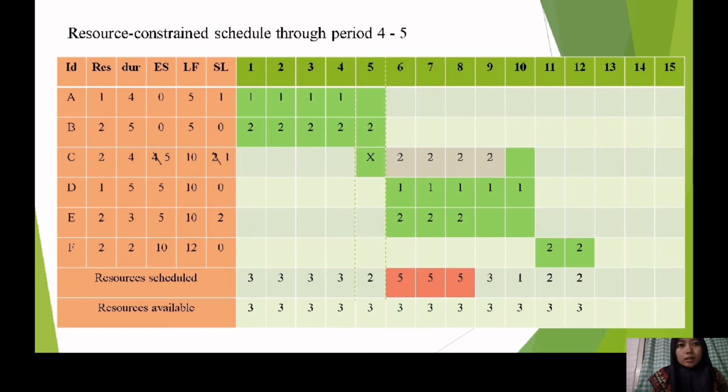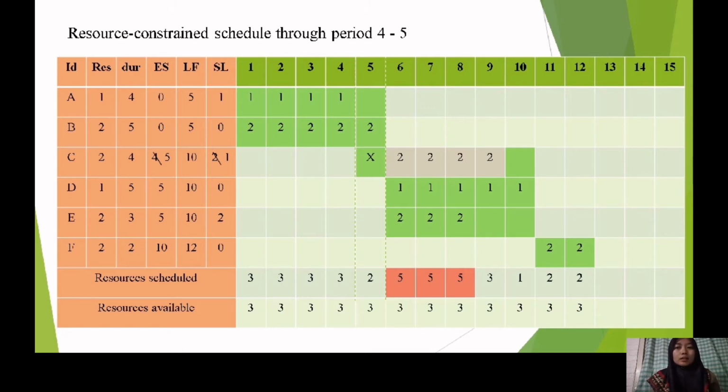Originally there are 2 resources in day 5, so we move it to day 9. After we move the resources, we also have to change the numbers in slack and ES.